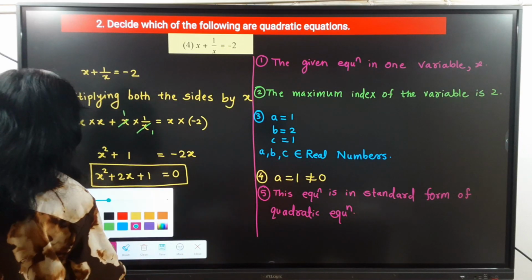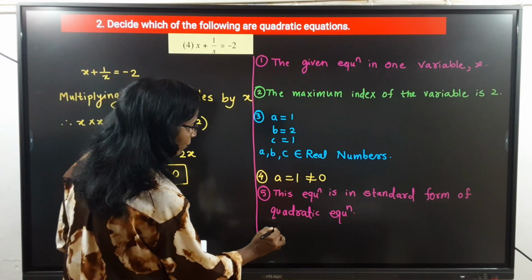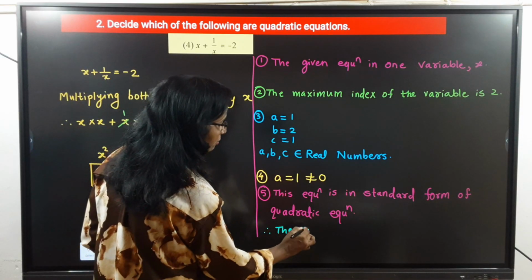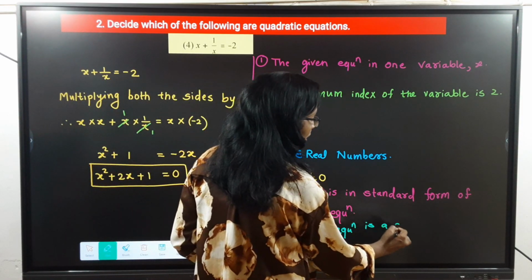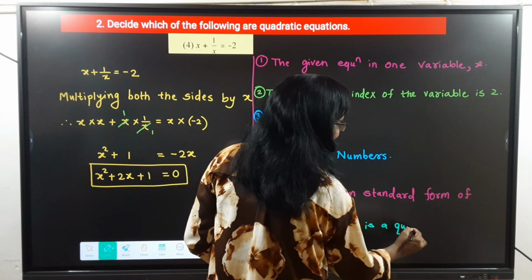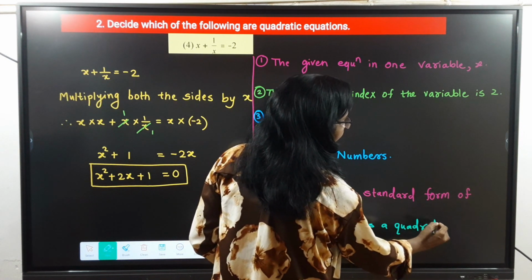So now finally students, we say that therefore the given equation is a quadratic equation.